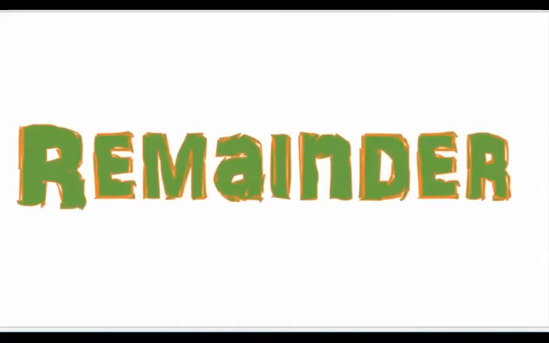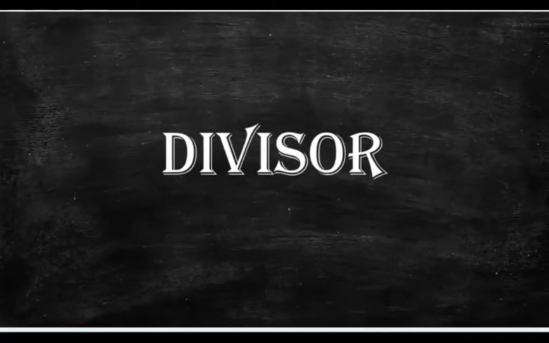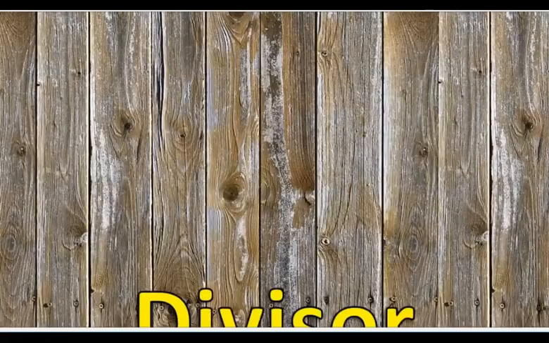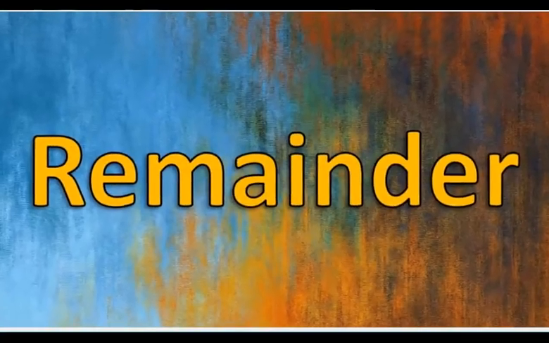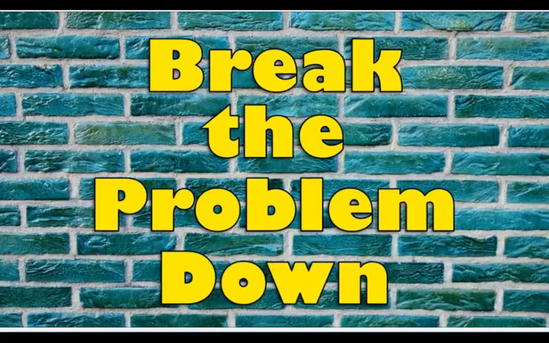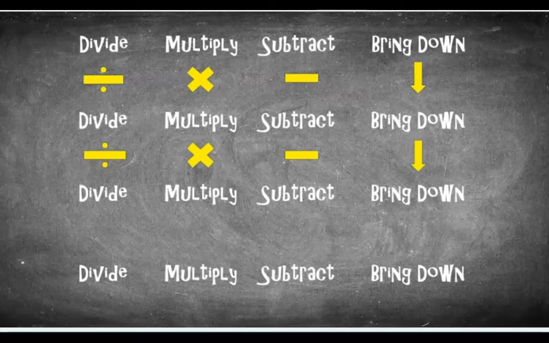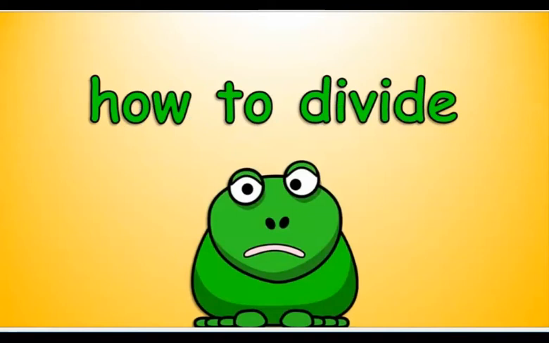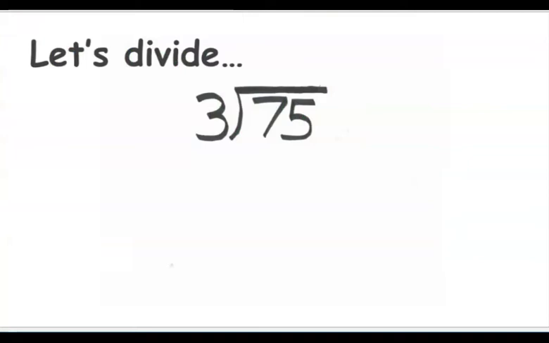And you get a remainder sometimes when the dividend doesn't equally divide. Dividend, quotient, remainder, divisor. Now let's divide 75 by 3.